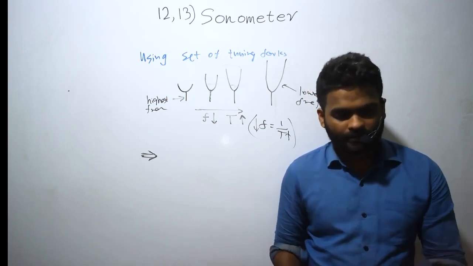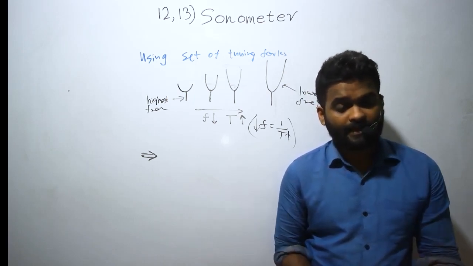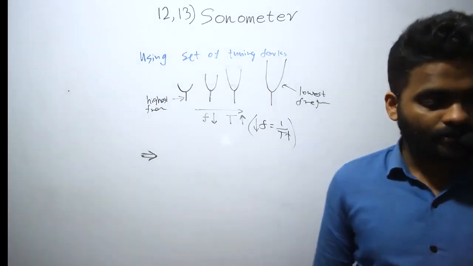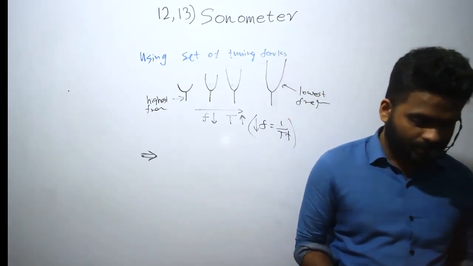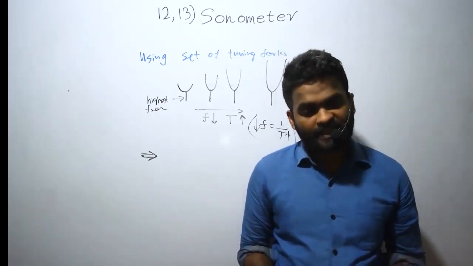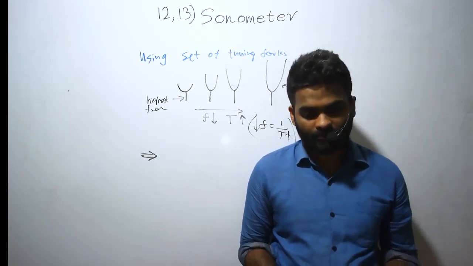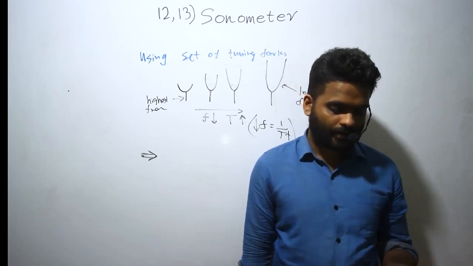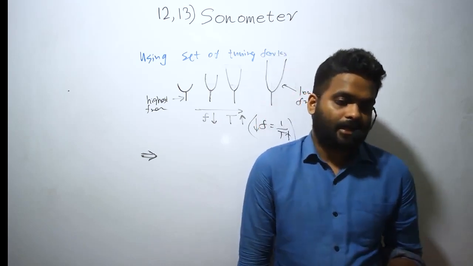Another point, if the length is not enough, decrease capital M at the start of the experiment.